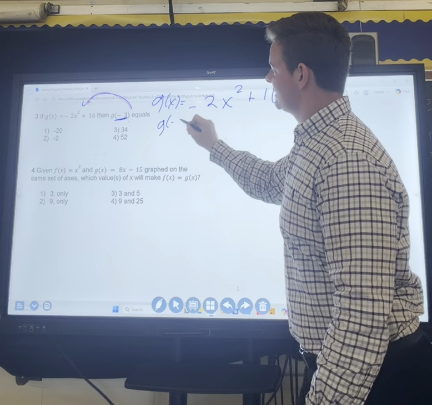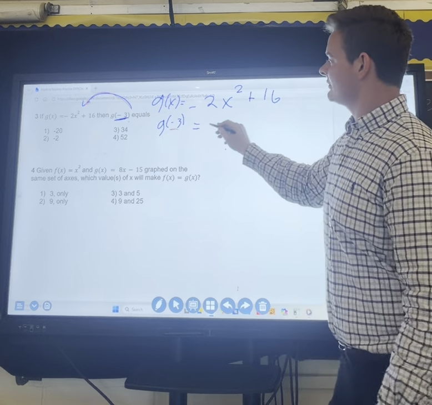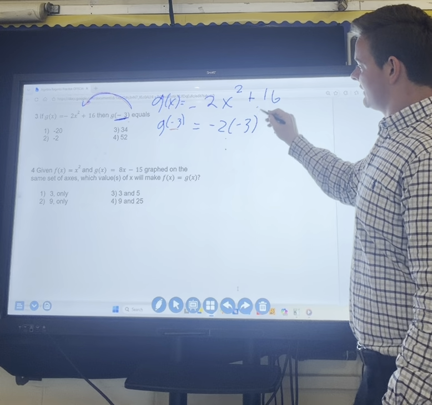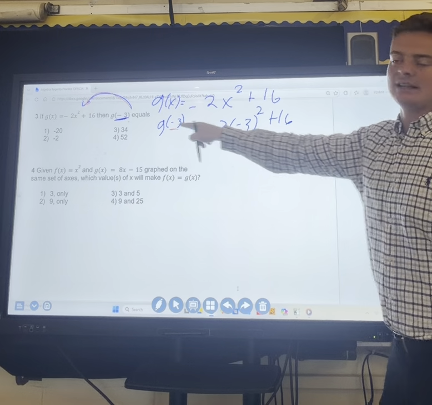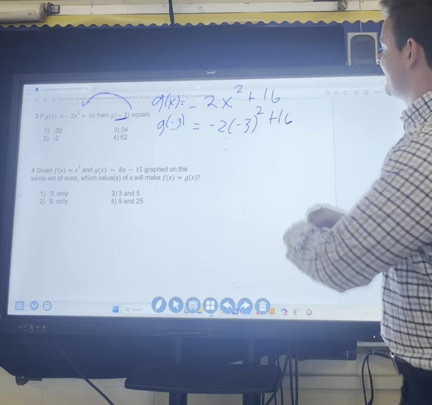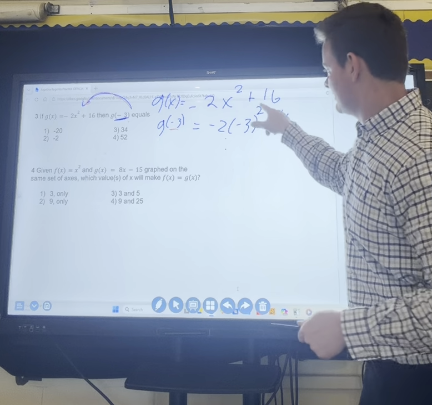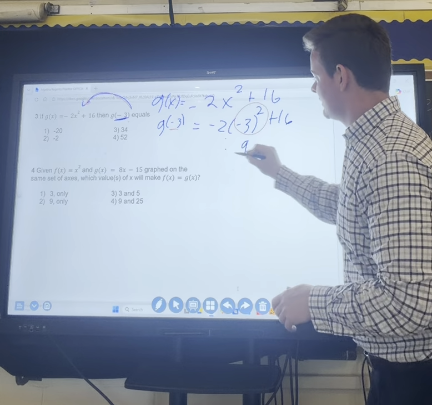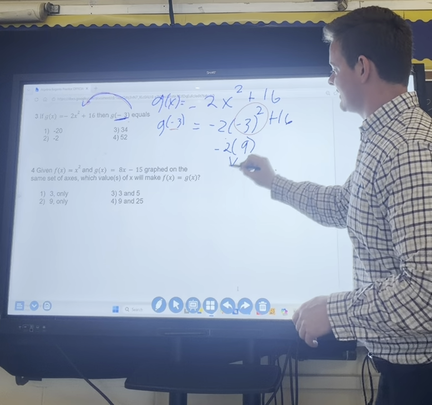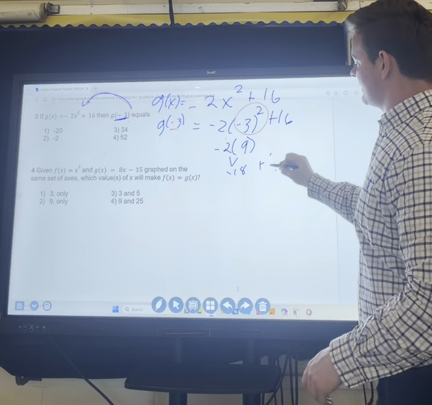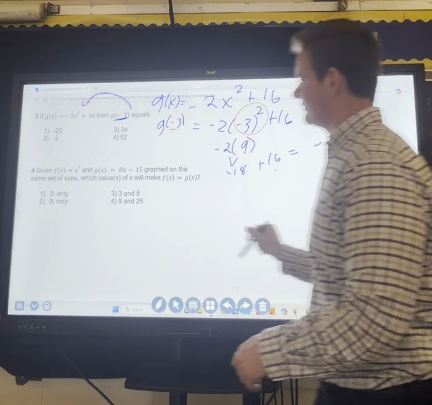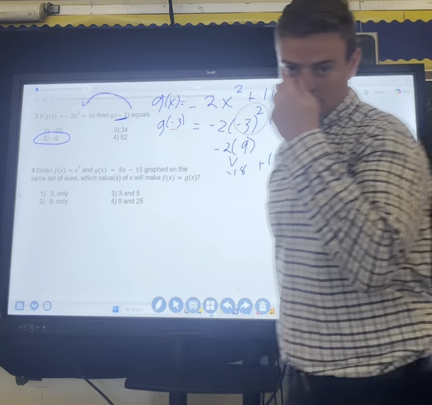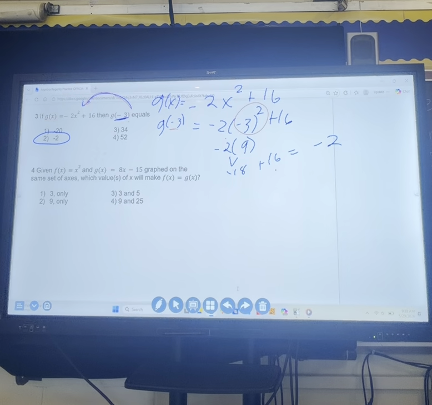When I replace everything with negative 3, I get this. I can just calculate it from here: negative 3 squared, that's 9. Negative 2 times 9, that's negative 18. Negative 18 plus 16 is negative 2. Negative 2.